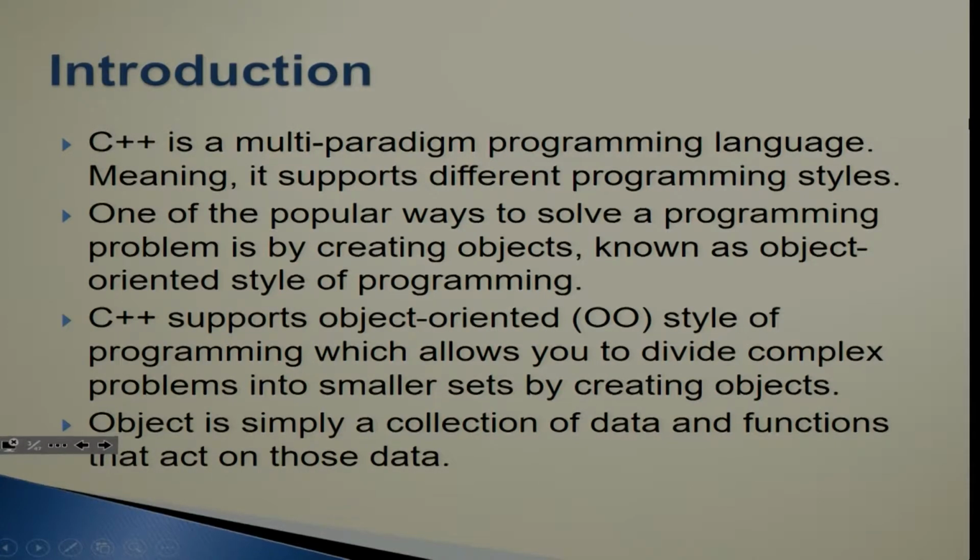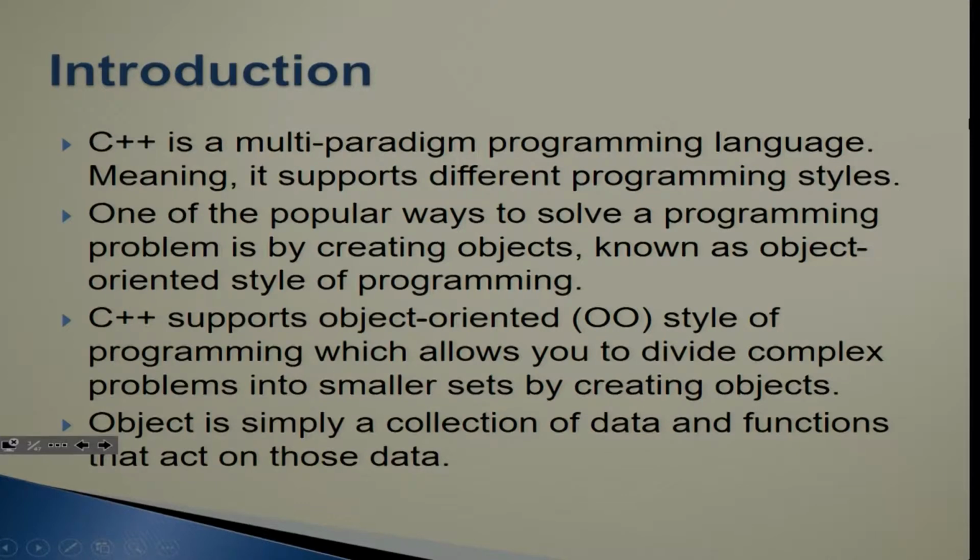I was just going to speak about the third one, where we say C++ supports the object-oriented style of programming, which allows you to divide a complex problem into small sets by creating objects. Then we say an object is simply a collection of data and functions that act on those data.